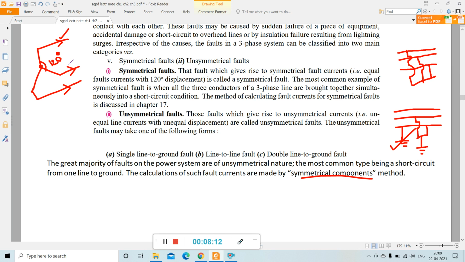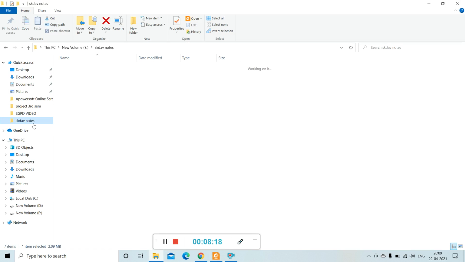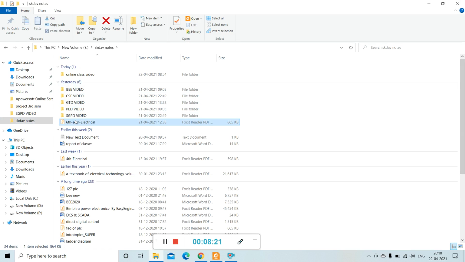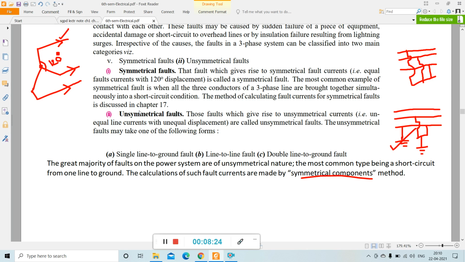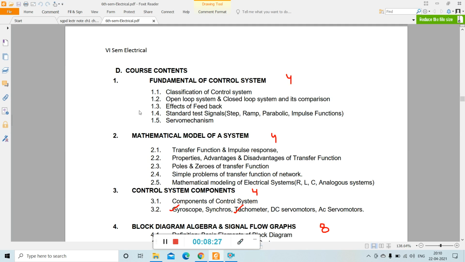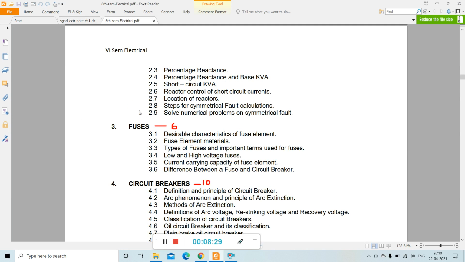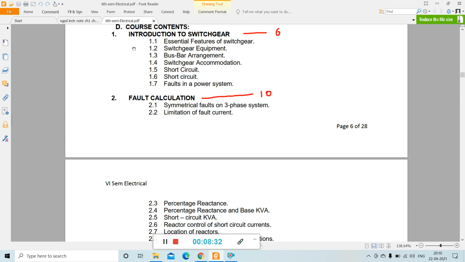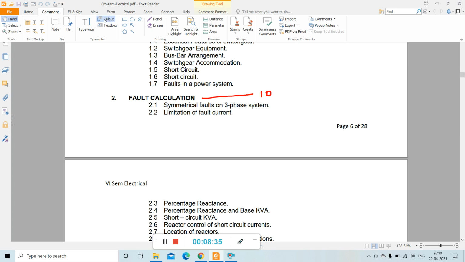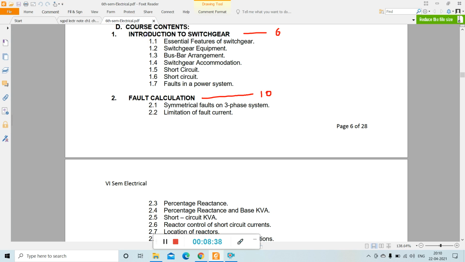In your syllabus we have covered the first module completely, so you just go through these video sessions and understand whatever was taught to you in the online classes, and make notes for this module 1 or chapter 1.